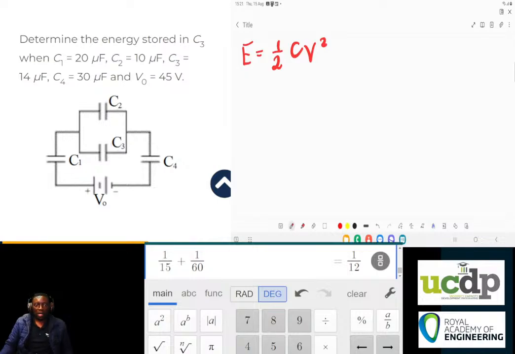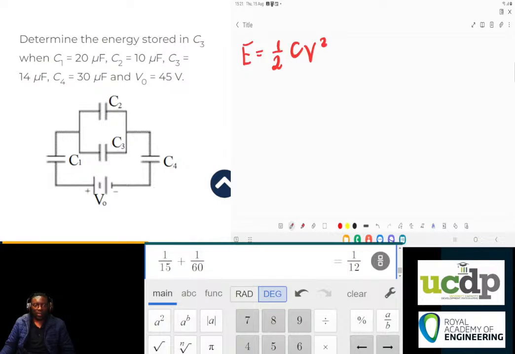To find this voltage, we simply need to first evaluate the total capacitance in this system, so that we'll know how the voltage is divided in each case.